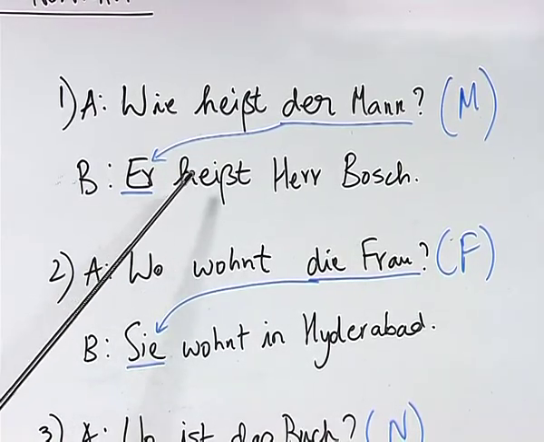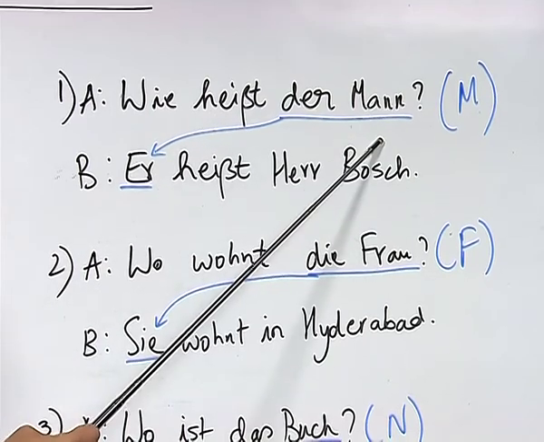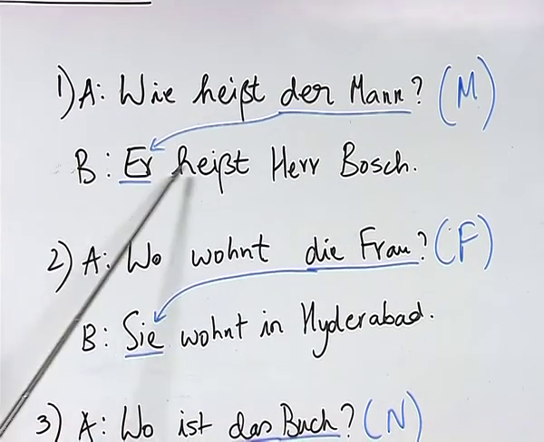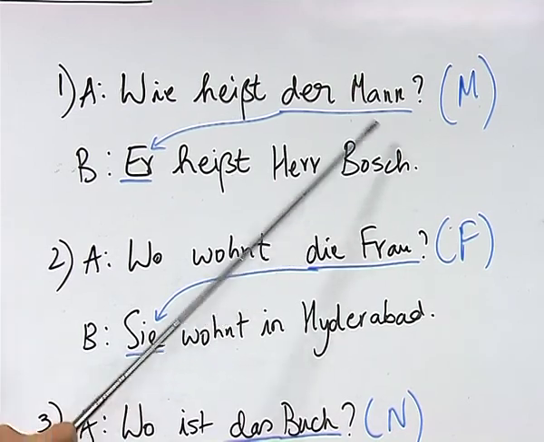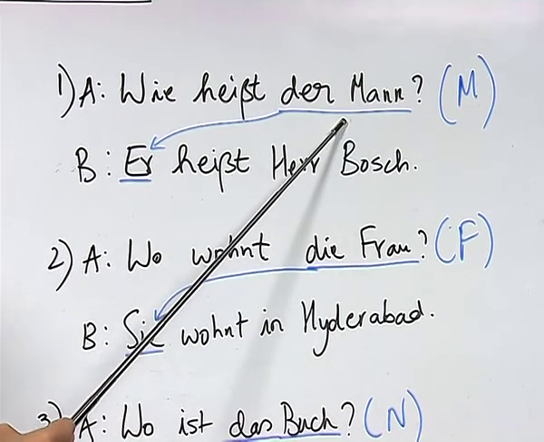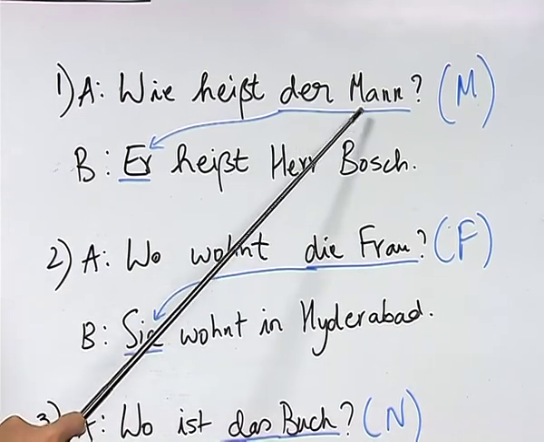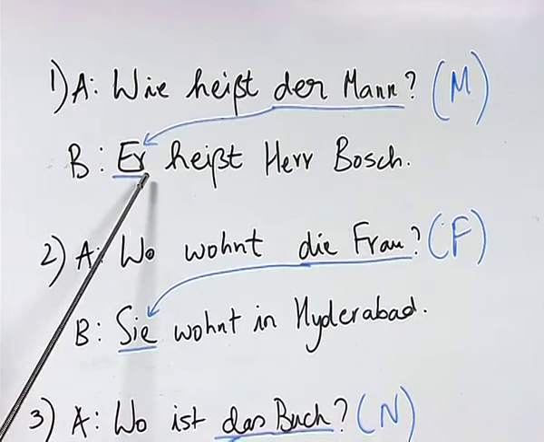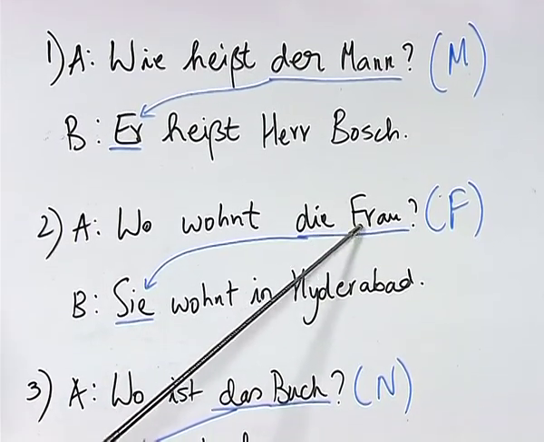Now let us look at the sentences. Here we have the sentence, Wie heißt der Mann? The answer is Er heißt Herr Bosch. Here the part der Mann is underlined, and der Mann is the noun which is replaced by the pronoun er. In the second sentence, Wo wohnt die Frau?